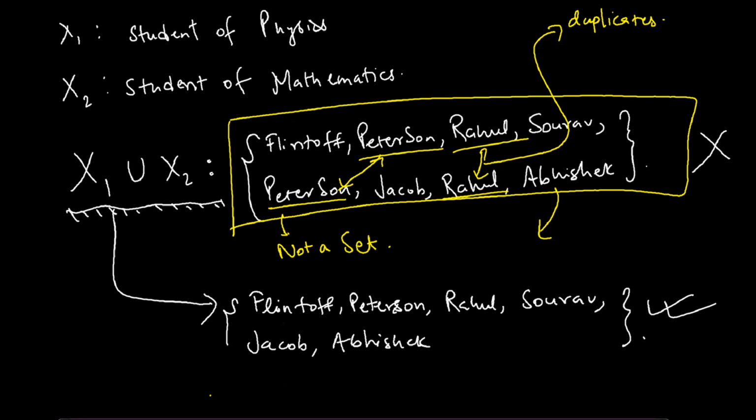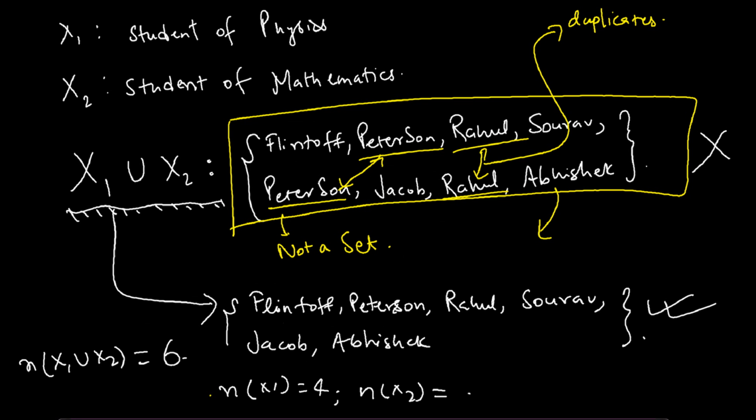So what is the number of elements in X1 union X2? The number of elements in X1 union X2 is equal to 1, 2, 3, 4, 5, 6. And the number of elements in X1 is equal to 4. The number of elements in X2 is equal to 4.